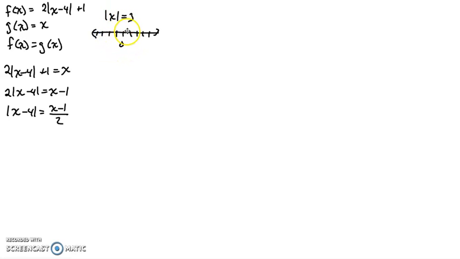What this means is that x is either 3 units this way, and so we're at 3, or it's 3 units in the other direction, 1, 2, 3. Either way, we're 3 units away from 0. That's really what we're saying here. So x might be 3, or it might be negative 3.